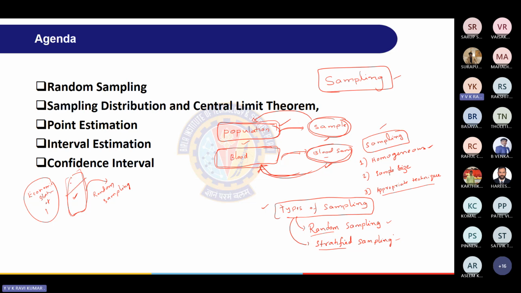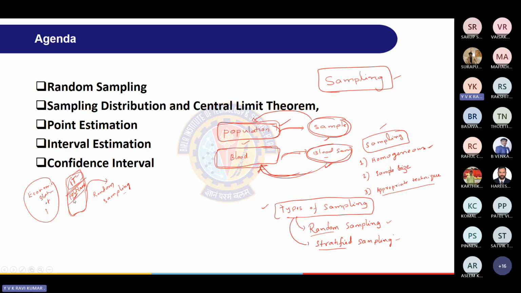Here all of you will be there, and apart from you, one more sector will be there, that is politicians, because their wealth is more. Now, if you take this population, is it going to give exact understanding? No, right? We have to divide it.